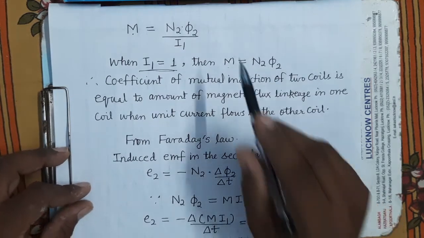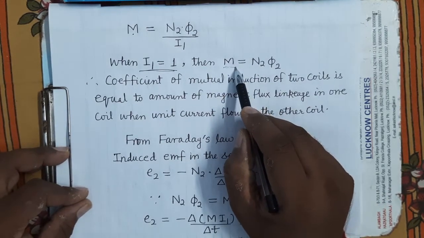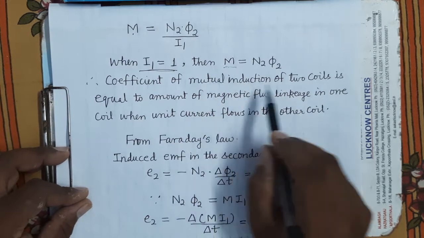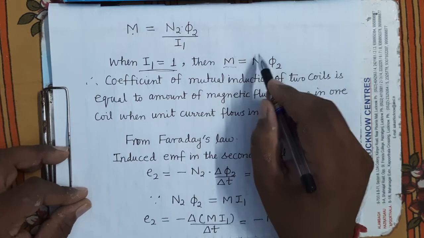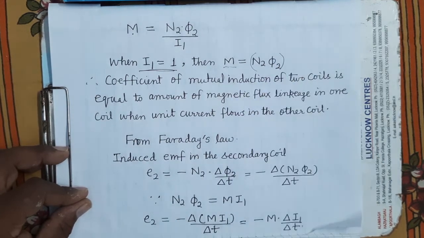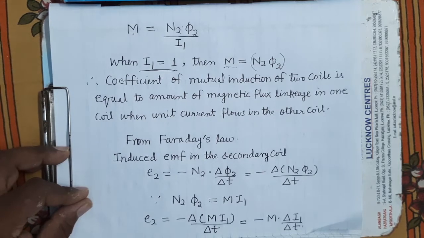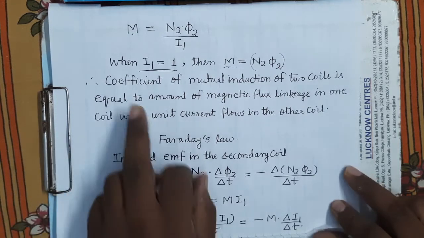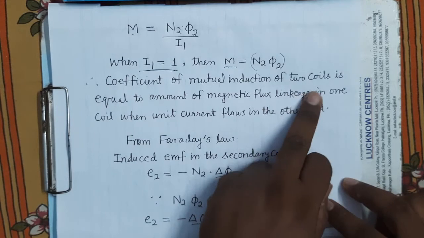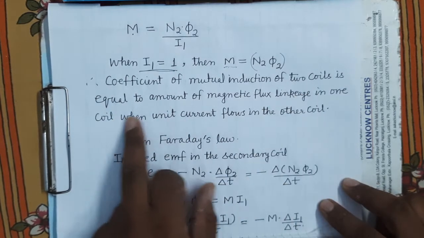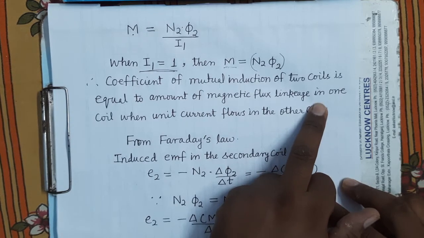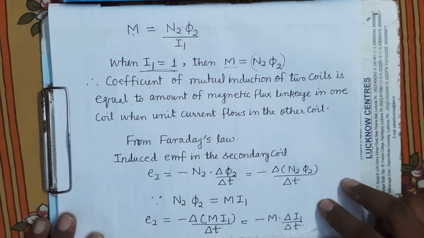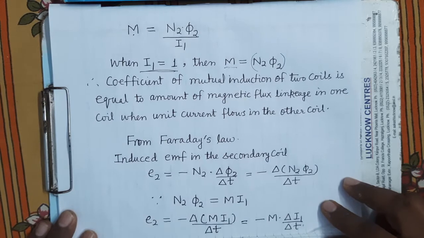How will you describe it quantitatively? The coefficient of mutual induction of two coils is equal to the magnetic flux linkage through one coil when unit current passes through the other coil.